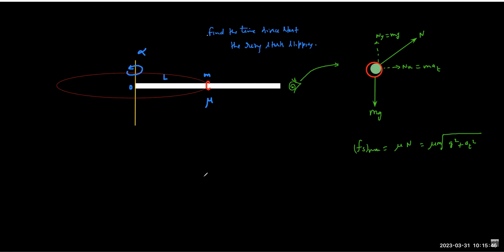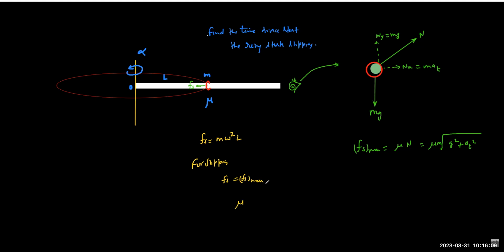And for the slipping condition, what will happen? Now the friction will act in which direction? The friction will act towards the left, inwards. So we know that Fs equals m omega square L. And for slipping, the Fs would be equal to Fs max.